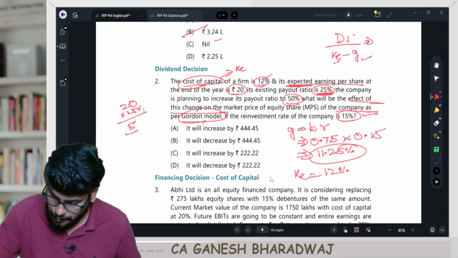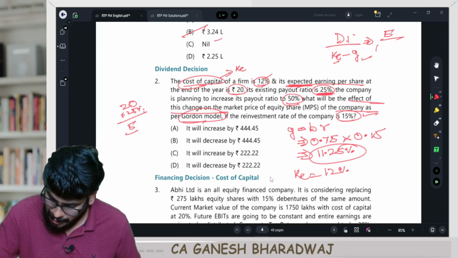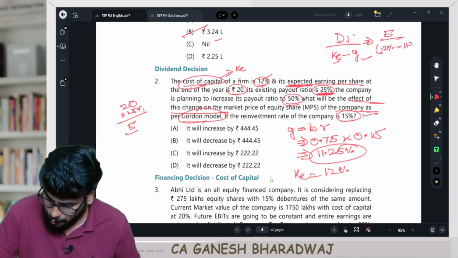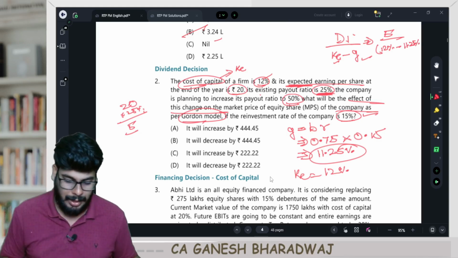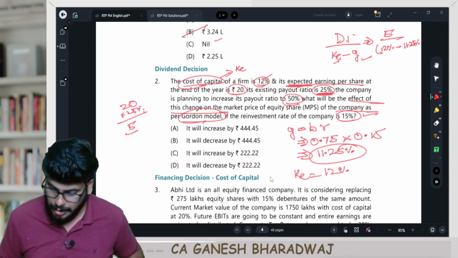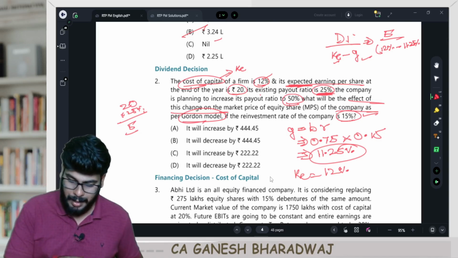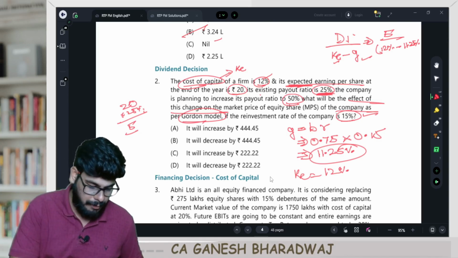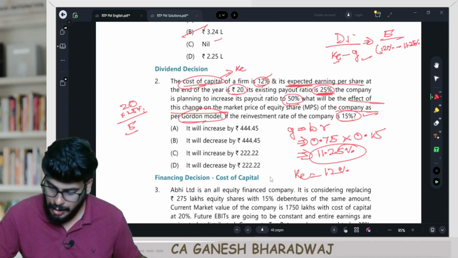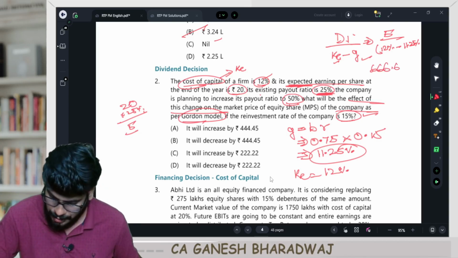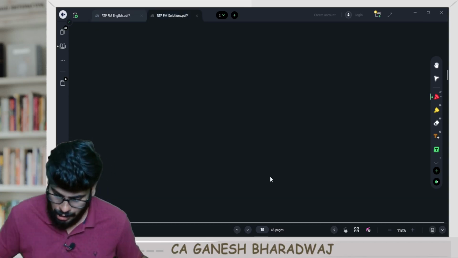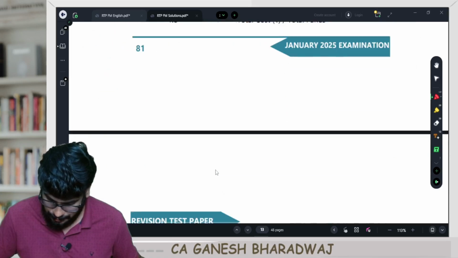So now we've got this figure. So D1 is 5 divided by KE 12% minus G, it's going to be 11.25%. So how much is the current market price of the share? Current market price of the share is going to be 5 divided by 0.75%. That's going to be 666.666666, right? Look at this.